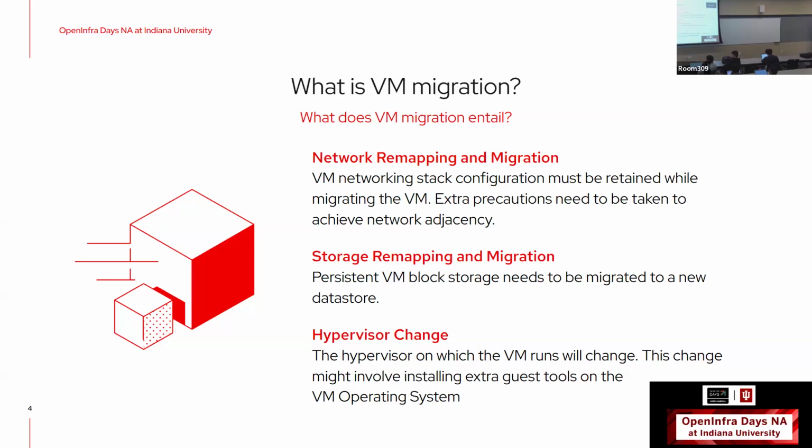Storage. We're going to be migrating from a VMware datastore. It could be backed by Fibre Channel, NFS, or whatever VMware is using. You're going to take all those bits and migrate them to some kind of persistent storage on OpenStack, hopefully running in a volume. But that takes time, right? So that networking aspect comes into play here.